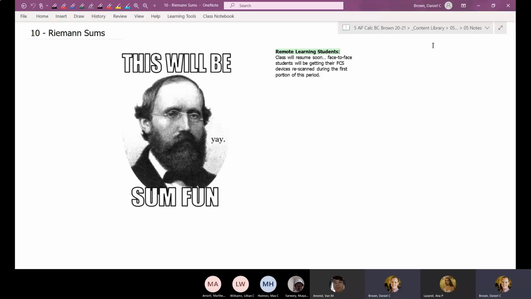Today we are going to begin Unit 5, which is the start of the second field of calculus that we have. Calculus as a field is mainly divided into two main areas. We have differential calculus, which is basically what we did in Units 1 through 4 plus limits, and then we have what's called integral calculus, which is going to be from now until most of the way through spring semester.